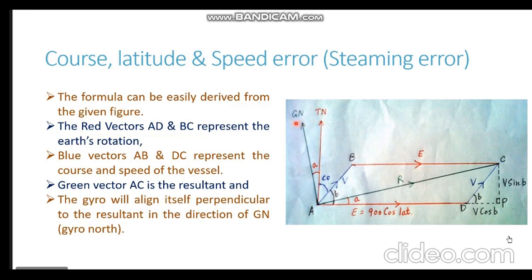Gyro is pointing in the direction of gyro north. The true north which we need for our directional reference, the difference between these two, that is represented by this particular angle, which I am highlighting with my laser pointer now. This particular angle represented by small a is the error of the gyro compass.